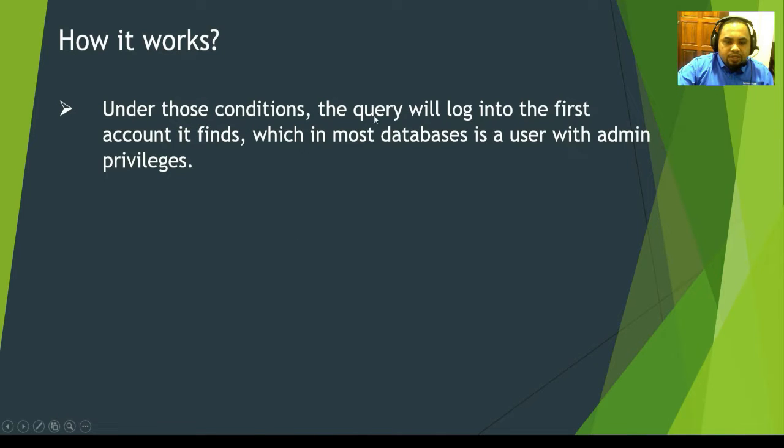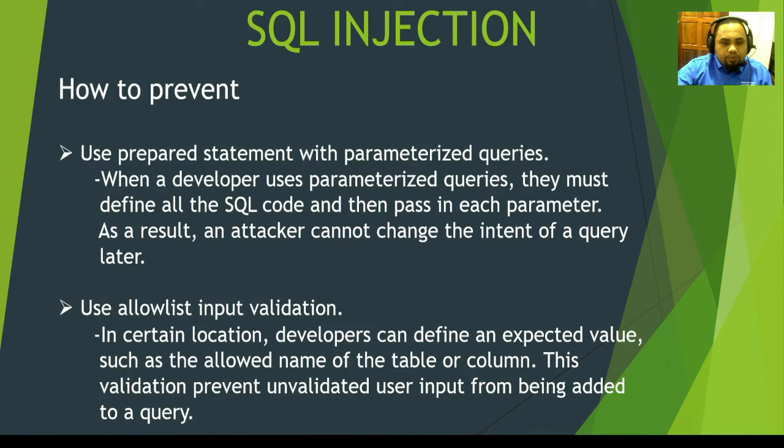Under this condition, the query will log into the first account it finds, which in most databases is a user with admin privilege. There are many ways to prevent SQL injection. We can use prepared statements with parameterized queries, which means when a developer uses parameterized queries, they must define all the SQL code and then pass in each parameter.